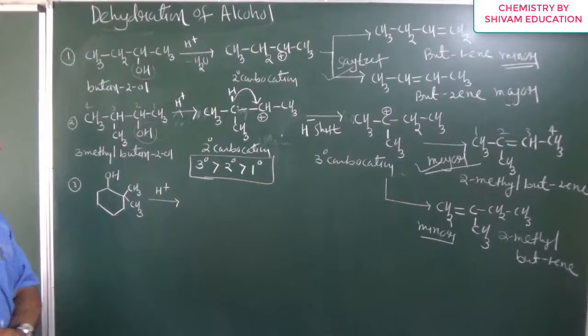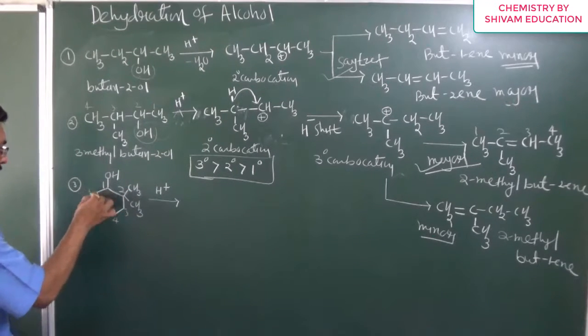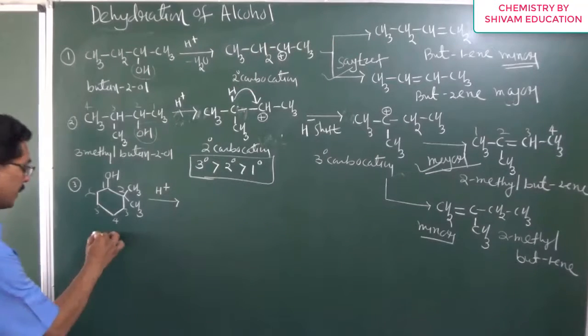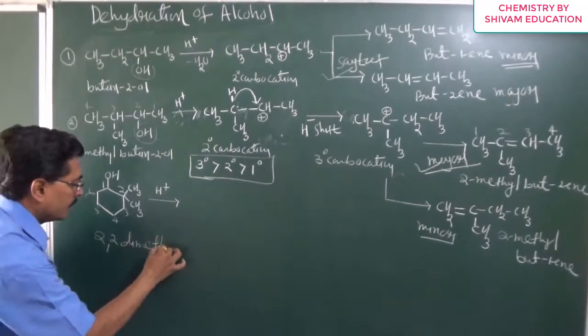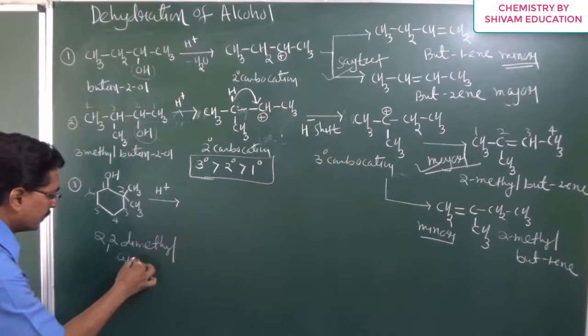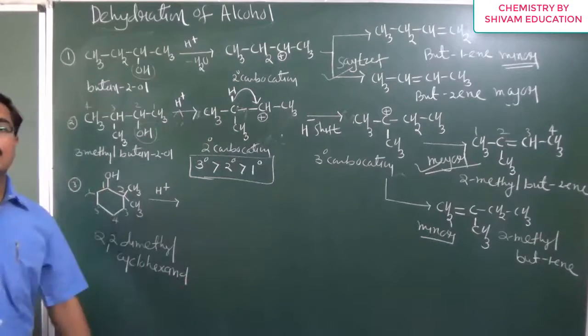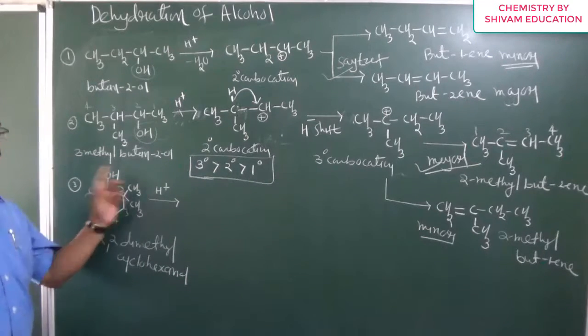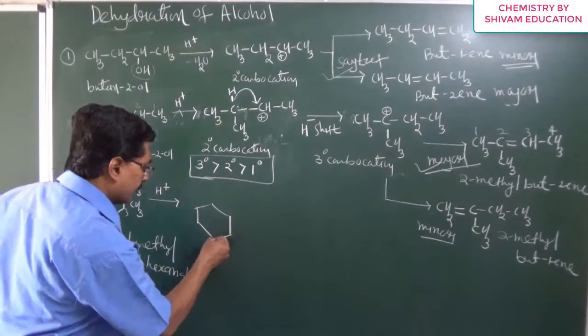Now here this example. The name of this compound we can give as 2,2-dimethylcyclohexanol. Here protonation occurs and as a result we get this carbocation.